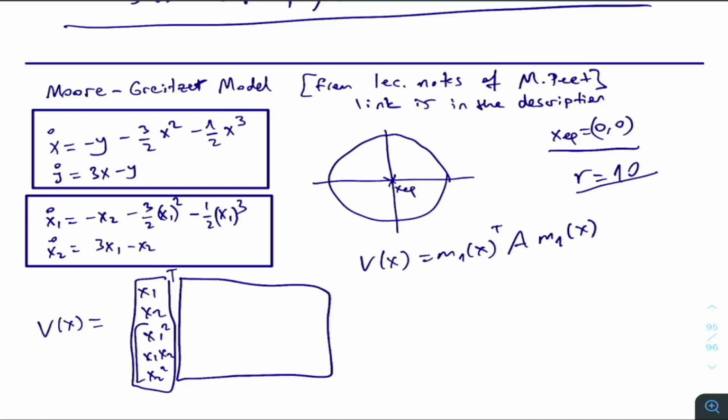Because for, let's call it P, for P to be positive, it means x transpose P x is greater than or equal to 0 for x in R^n excluding 0. But our domain is not R^n. In this case, our domain is just the ball with radius R, right?